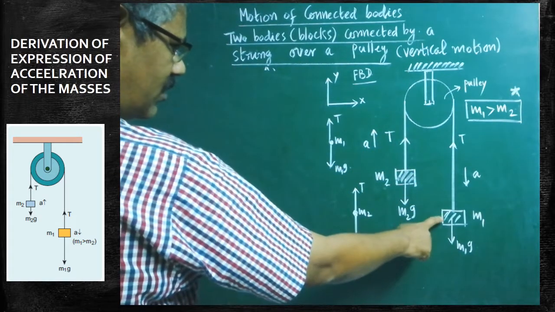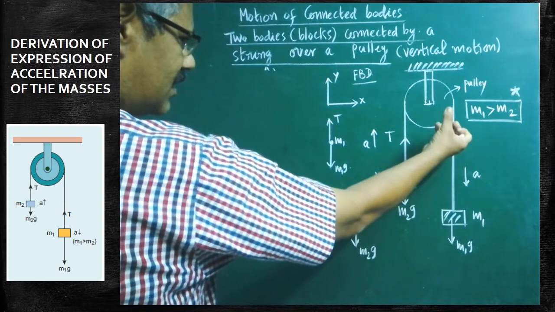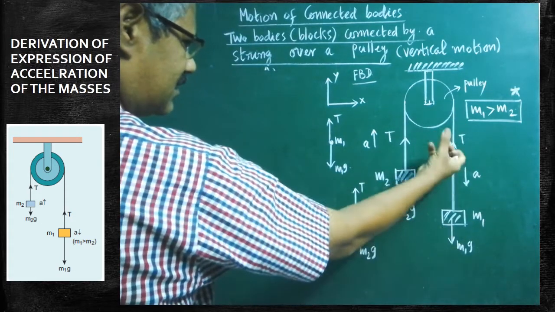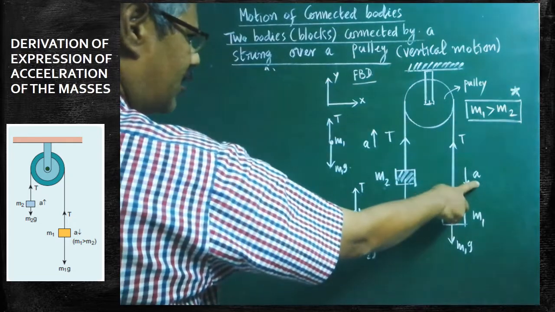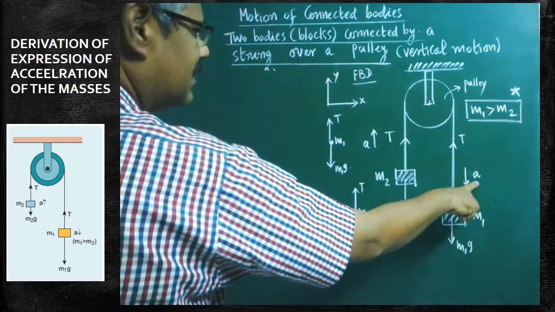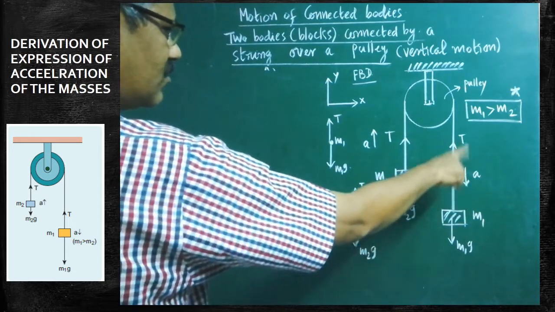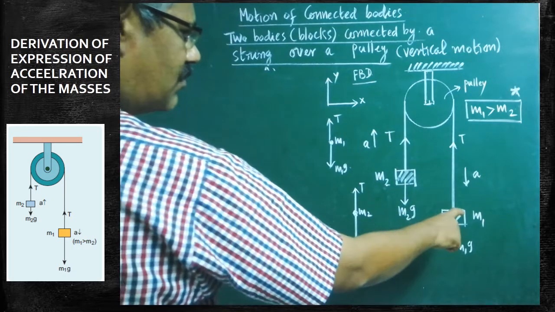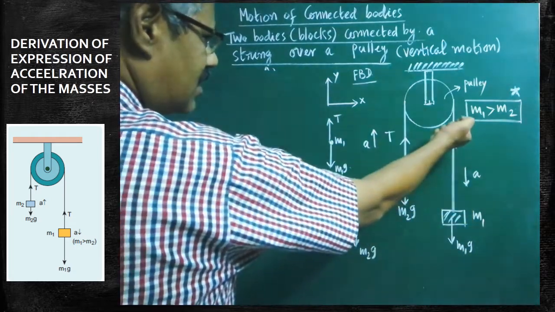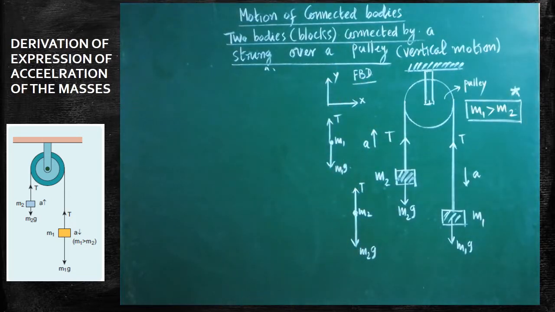Since mass m1 is greater, what will happen? The mass m1 is moving towards downward direction. This one is pulled. Are you clear? Since the mass 1 is moving towards downward direction, the direction of the acceleration of mass 1 must be drawn towards downward direction. Since mass m1 is pulling the mass m2, acceleration will be acting in the upward direction.